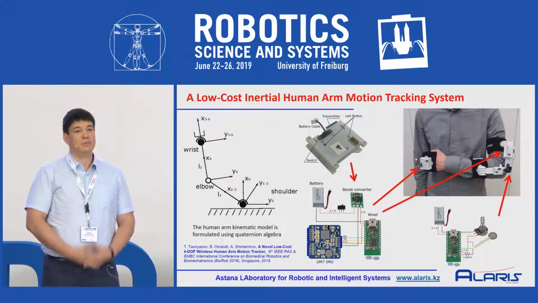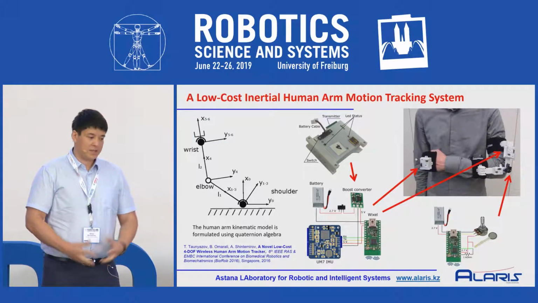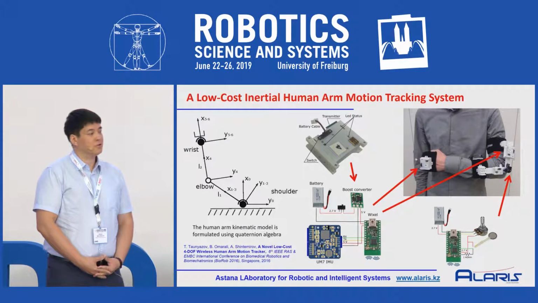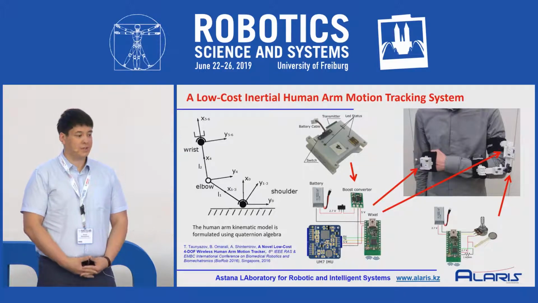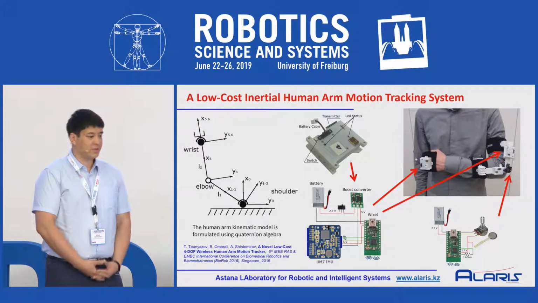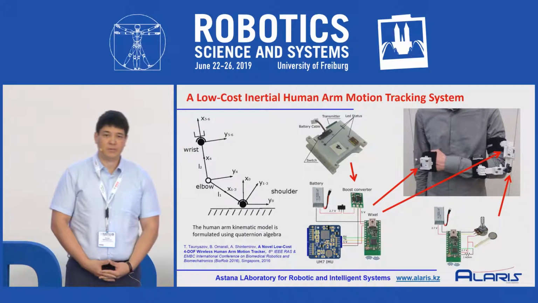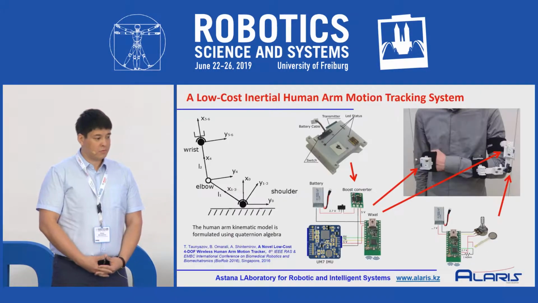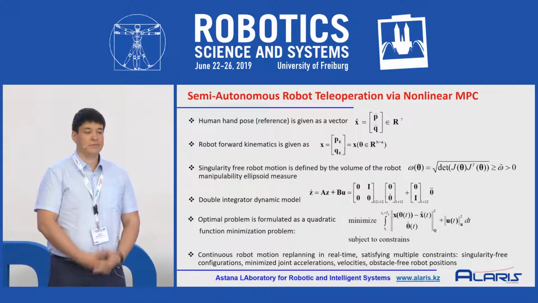We use two IMU sensor modules and a potentiometer sensor module for the elbow joint angle measurements, so we can track 7 degrees of freedom of the human arm motion with respect to the shoulder joint.